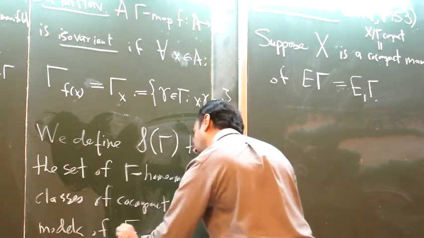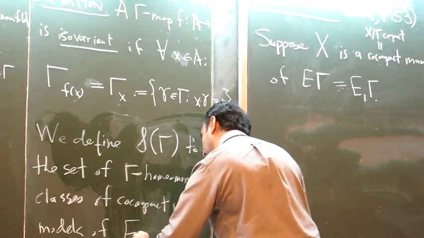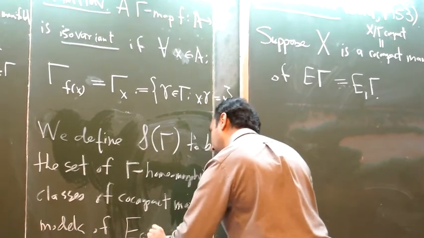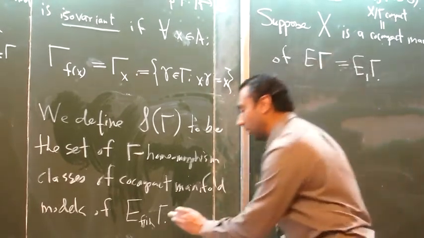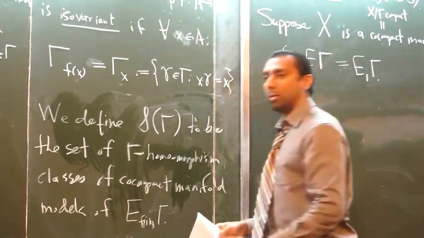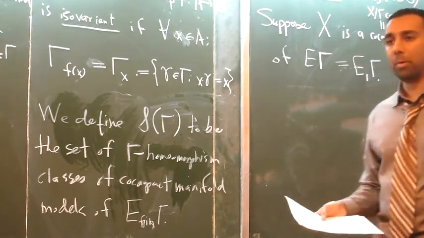So here the family we want, we allow for finite stabilizers. Proper actions. People call that a proper action for a discrete group.